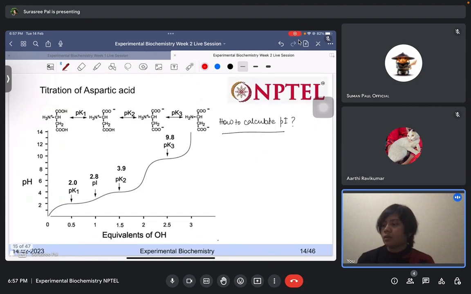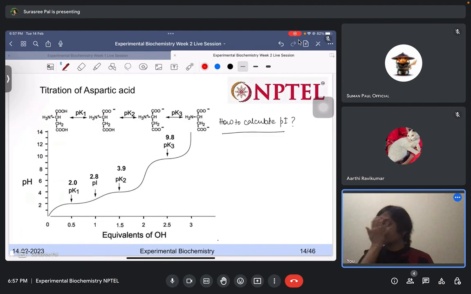Alright, next. We are talking about the pKa value of the R group, so that is why we will consider this titration of aspartic acid, which has 3 pKa values.